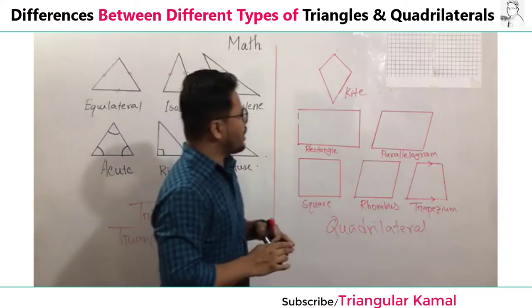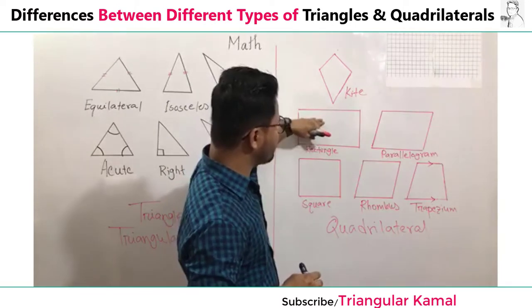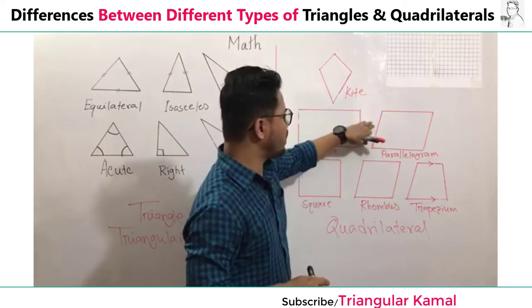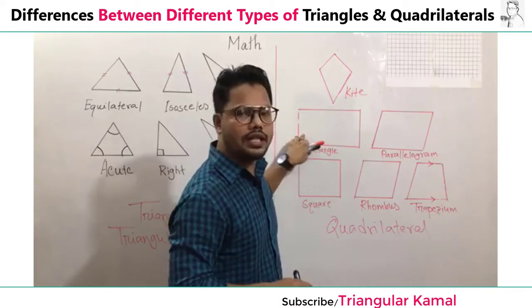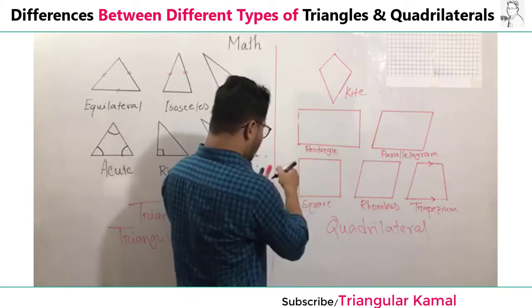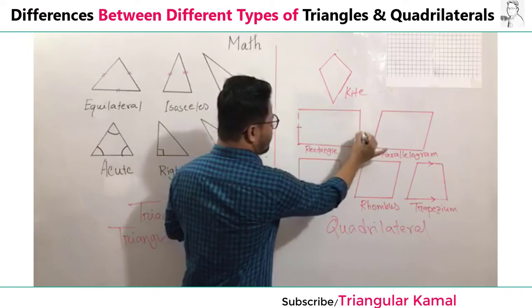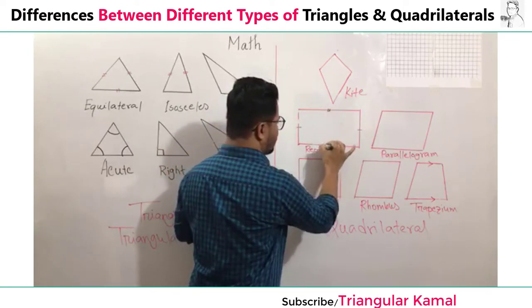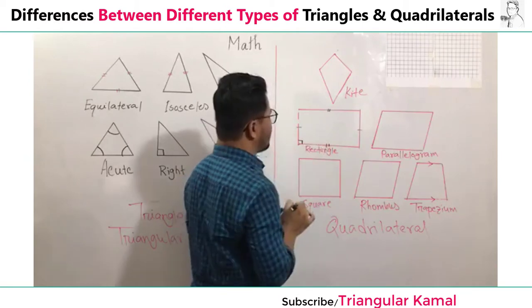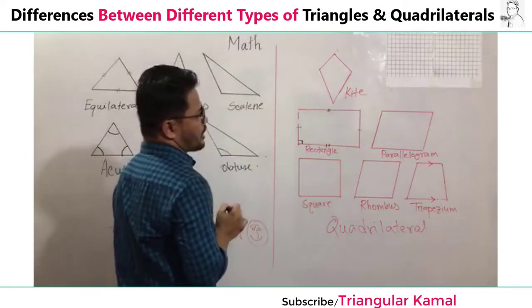Finally, in the last class we have discussed the rectangle: two opposite sides are equal and each angle will be 90 degrees. This side is equal with this side, and each angle will be 90 degrees. This is called a rectangle.